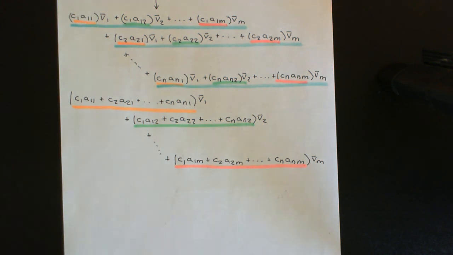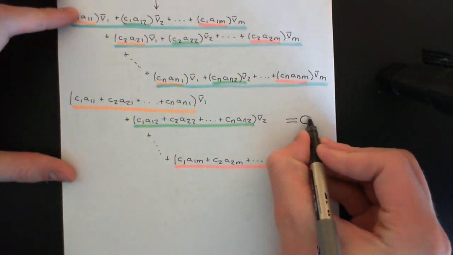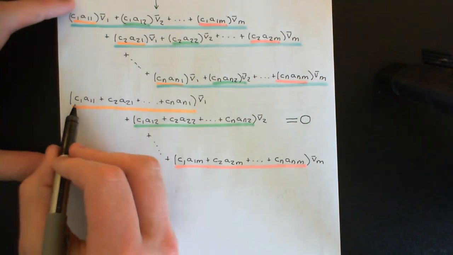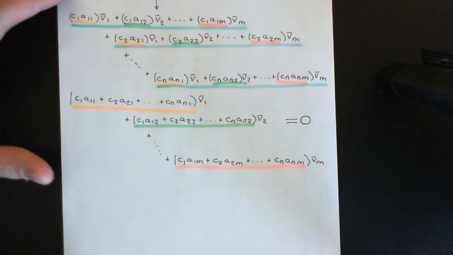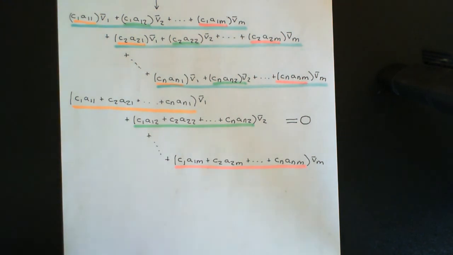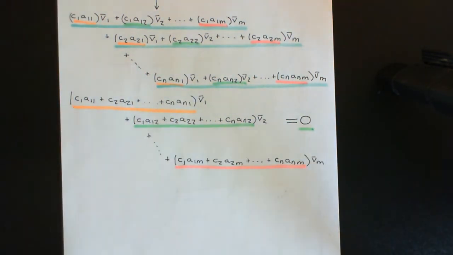Okay, so we want this entire thing to equal the 0 vector. Remember we are still looking for c1, c2, all the way up to cn, such that this equation is true, such that we get the 0 vector, and those things we want to be non-zero elements of the field. Okay, so we want a non-trivial solution.